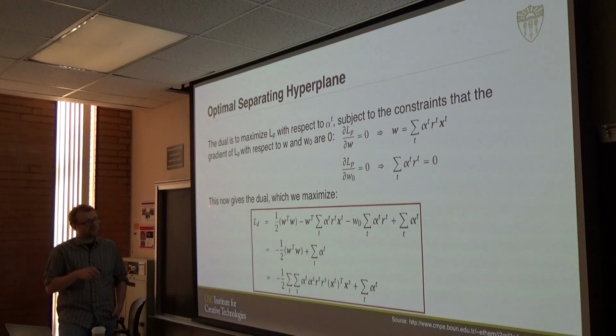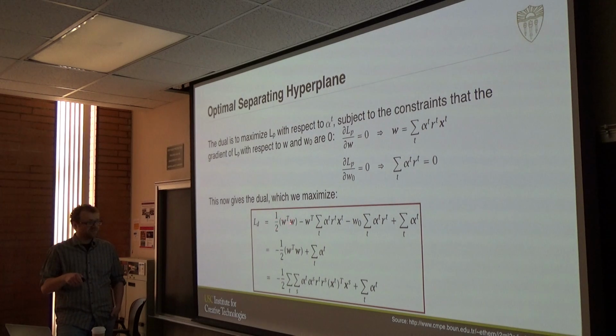If we multiply this out, the norm squared is the dot product, minus w times this part. This is w transpose. This is that sum up here, so that's w. So that's w transpose times w, which means it's the dot product again, minus w0 times this. Well, that's 0, so that's going to fall away. And then we have the sum over alphas.